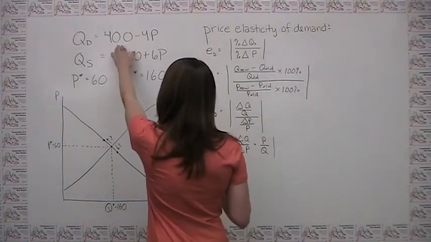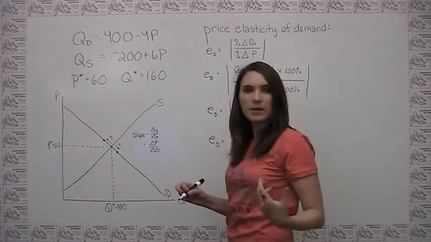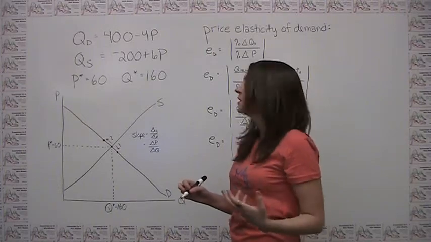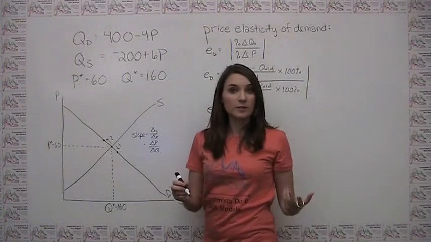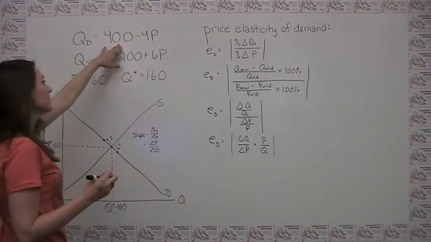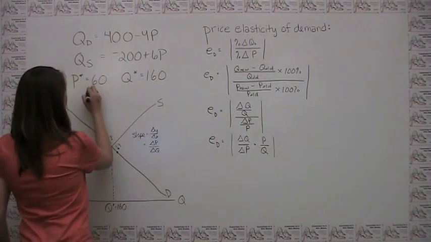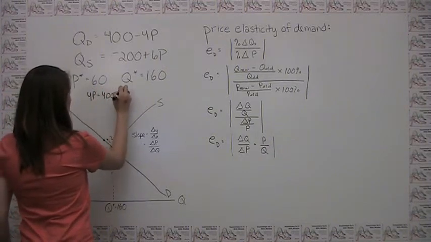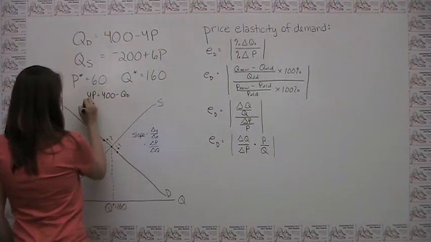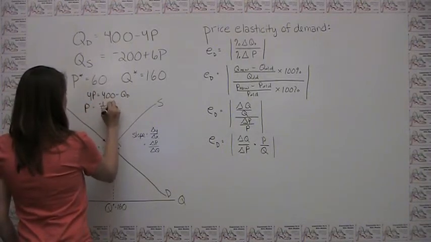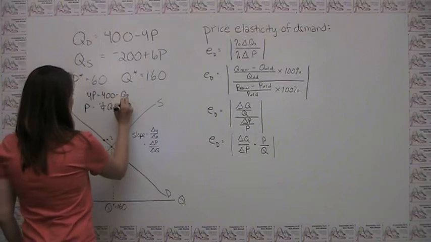Well, to see that, it would probably be helpful to write our demand curve in terms of price as a function of quantity. In other words, to write down our inverse demand curve. We could do that simply by solving for P. We could say 4P equals 400 minus quantity demanded, or P equals negative 1/4 quantity demanded plus 400.